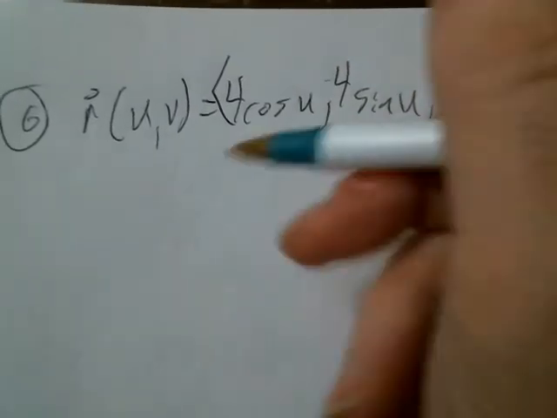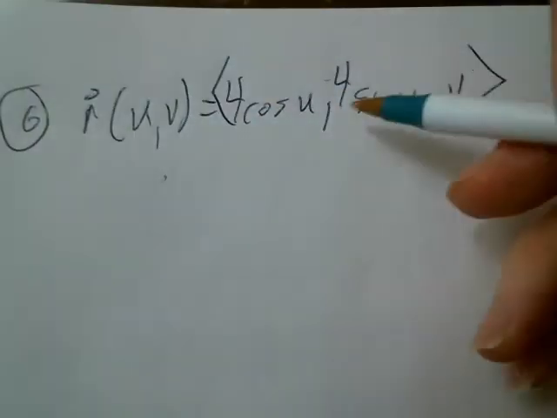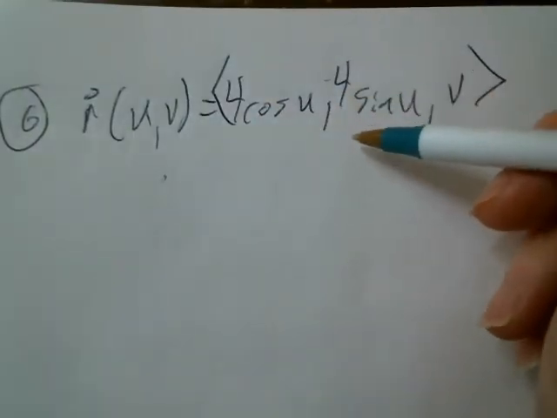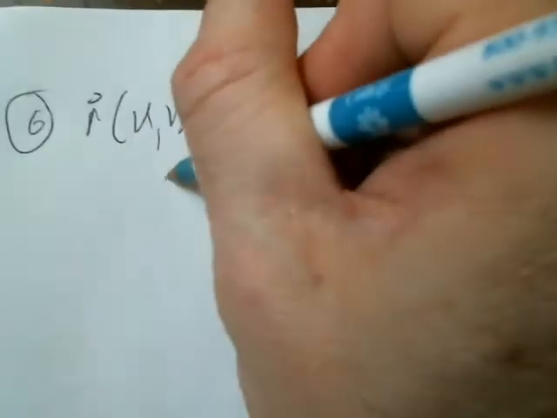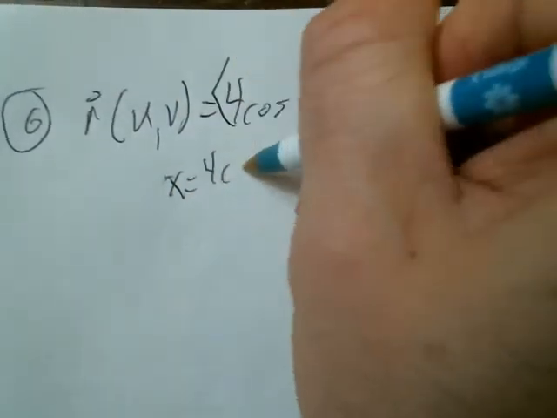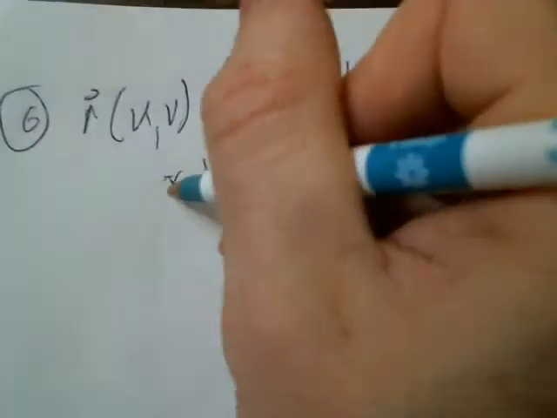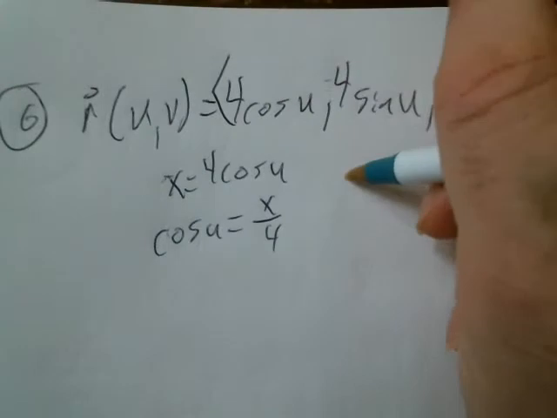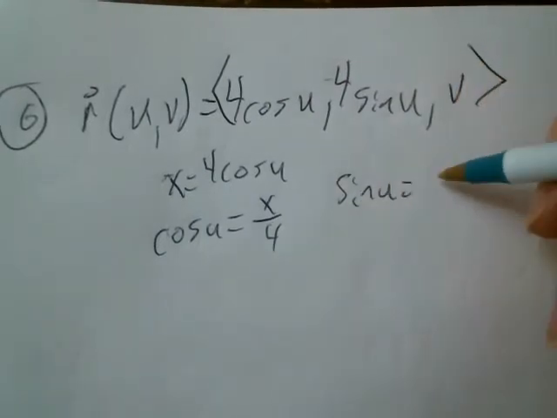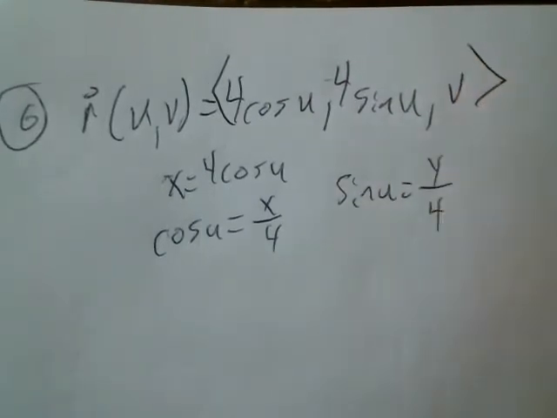Okay. So, another one of these trig thingamajigs. So, x equals 4 cosine u. Solve for cosine u. So cosine of u is going to be x over 4. Likewise, sine of u is going to be y over 4.